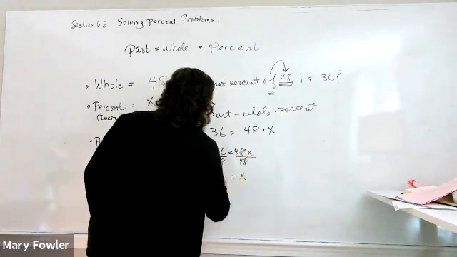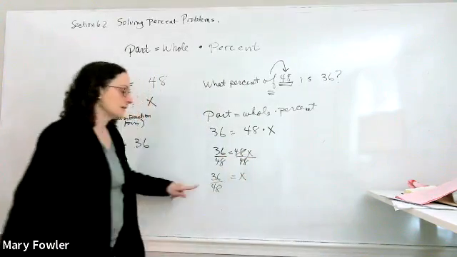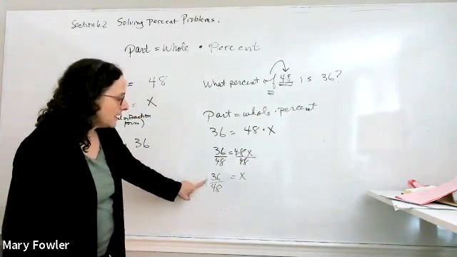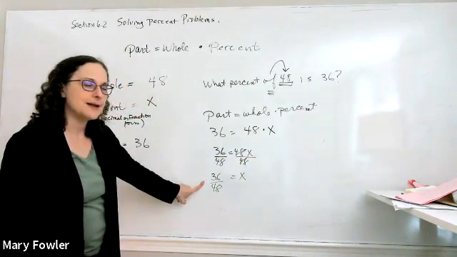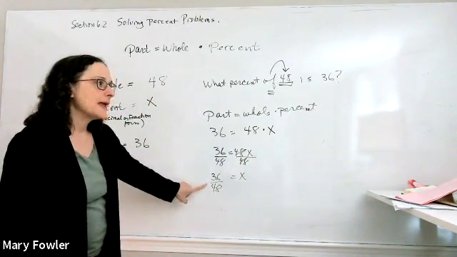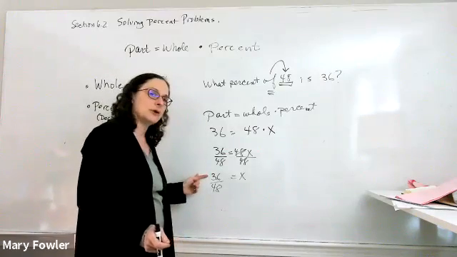Okay. And we have 36 over 48 is equal to X. Now, I noticed that this is not in simplest form. I look at 36 and 48, and I realize that 12 is a factor of both.